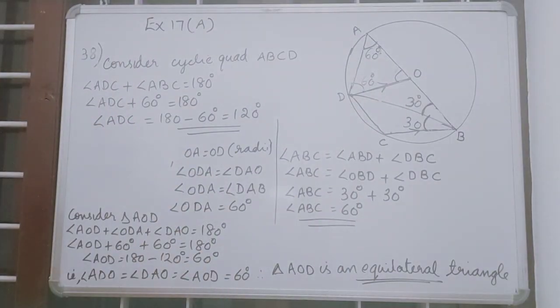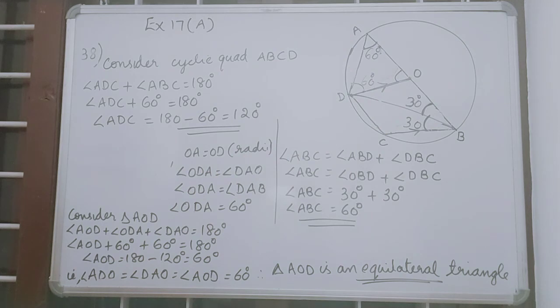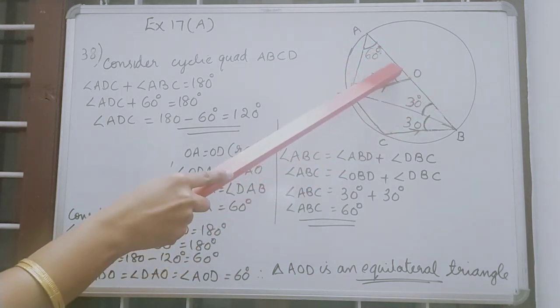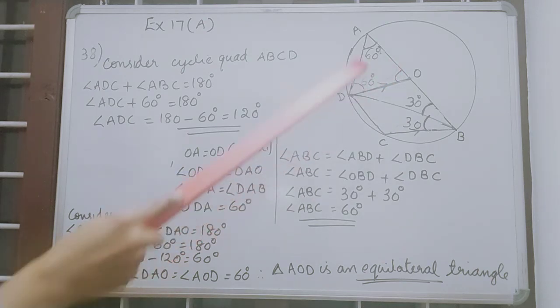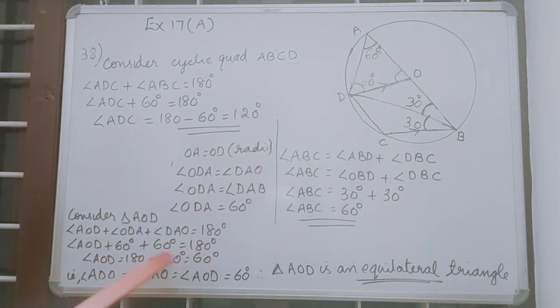So what about angle DOA? This is 120, 60 plus 60. So 180 minus 120 is what? 60 degree. So we can write AOD also as 60 degree.